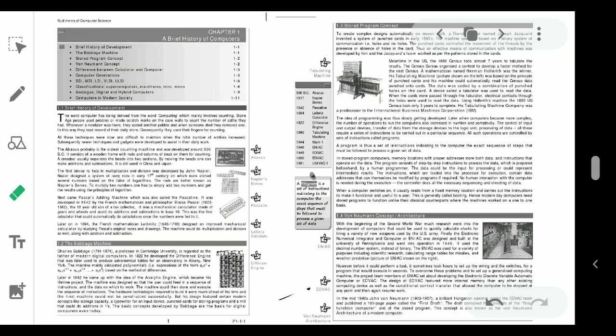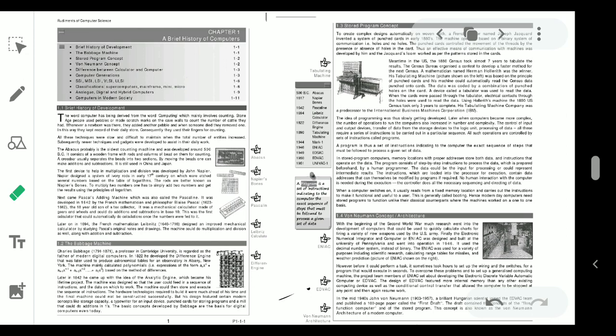Now, this is up to the concept of programming, feeding the instructions. Now comes the concept of von Neumann architecture. With the beginning of the Second World War, research went into the development of computers for use in defense in the USA.